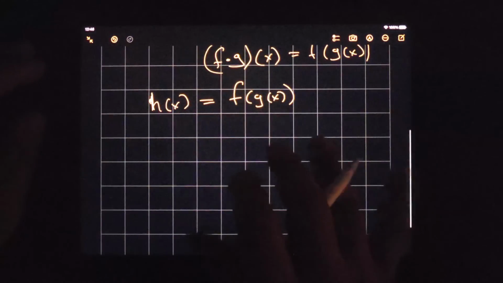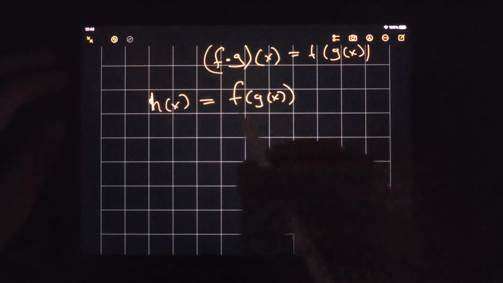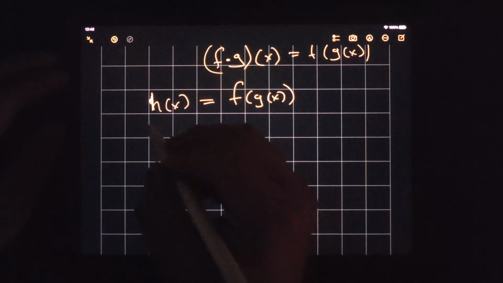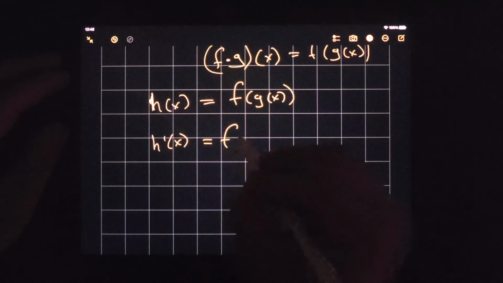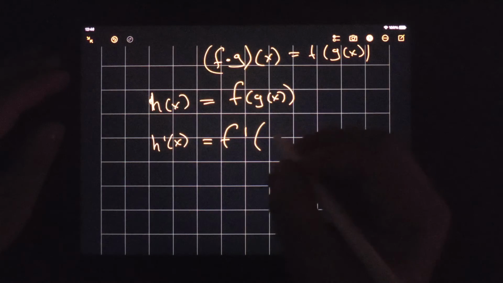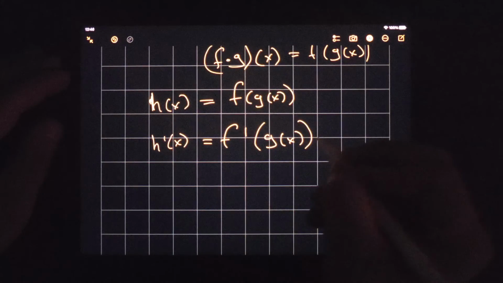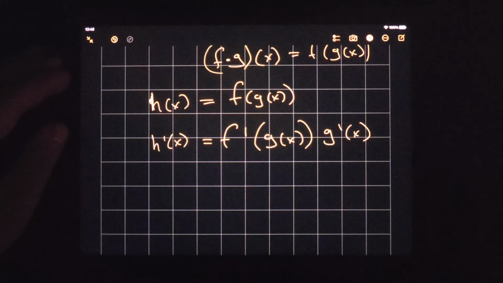That means our derivative of this is going to be h prime of x is equal to f prime of g of x times g prime of x.